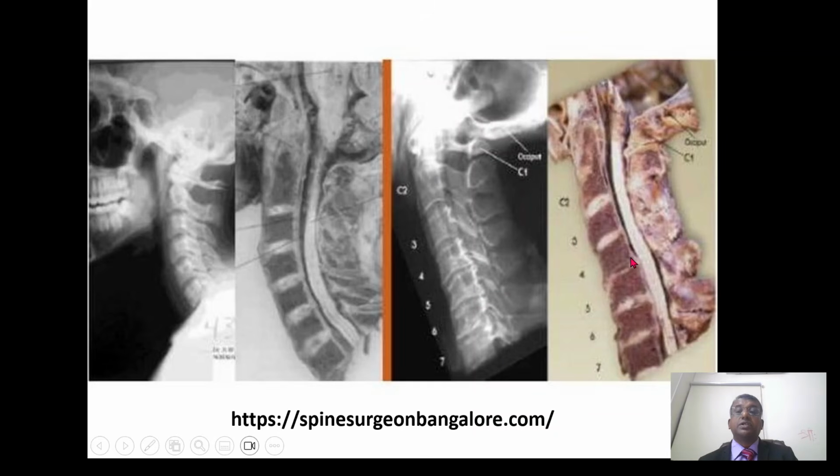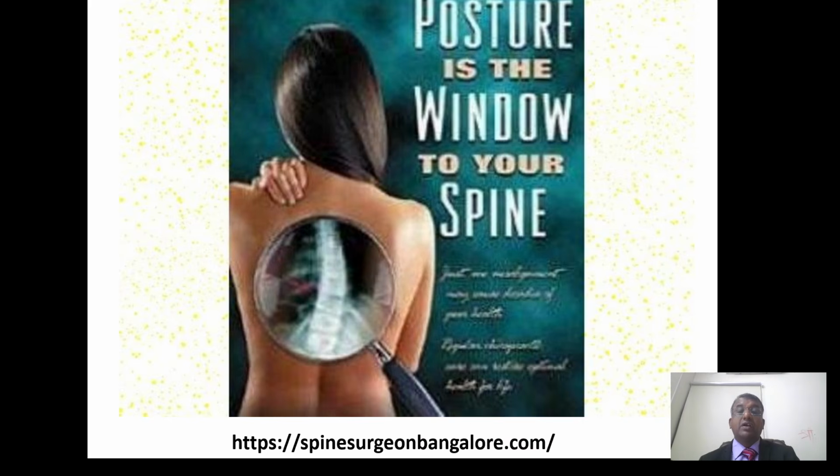The disc, or the cushions between the bones, can pinch the spinal cord, which can result in symptoms like sciatica, pain radiating to the legs, pain radiating to the arms, numbness and tingling in our arms, or pain in the lower back or the neck. In severe cases, it can even cause severe restriction in mobility, with not being able to walk, or gait disturbances. Now, with this background, we are aware that posture is the window to good spine health.